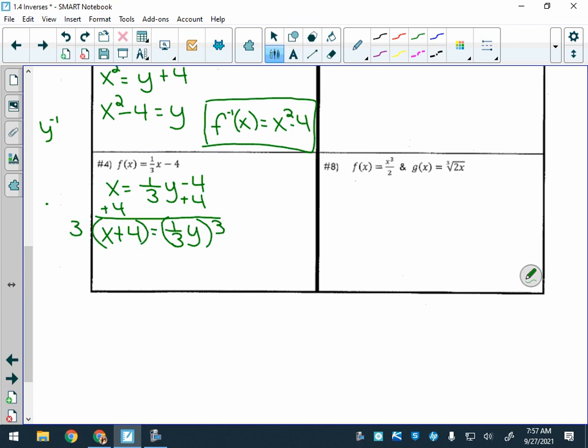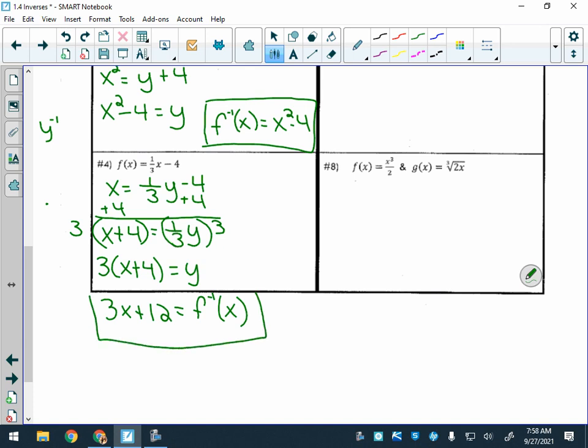Okay, now what? So right now we have 3 times x plus 4 equals y. What would be our last step? Let's distribute. 3x plus 12 equals the inverse. Okay. Any questions on 1 through 4? Okay.